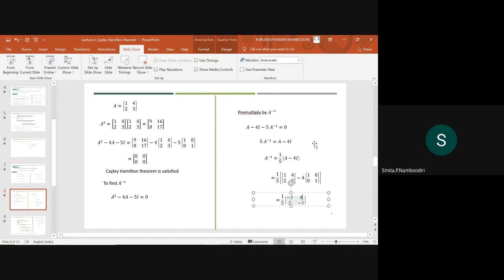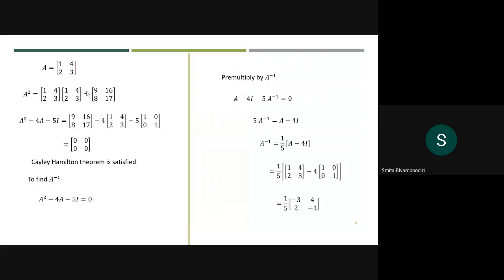Right now so minus 3, rest numbers are same. Okay. Minus 3 4 2 1, good, right.